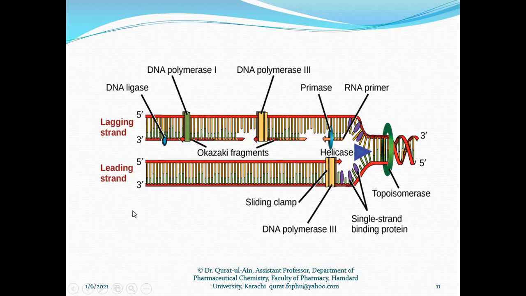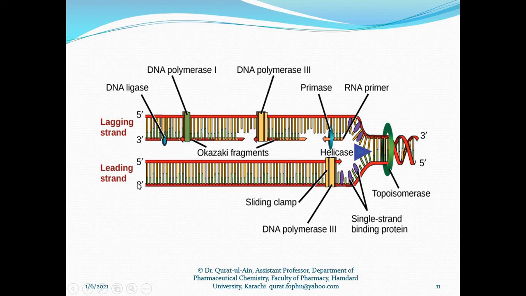One more thing you have to understand here is that this DNA polymerase only has the ability to synthesize DNA from 5 prime to 3 prime direction. The DNA that we have has two strands. One strand would be 5 prime to 3 prime, and the other strand would be 3 to 5 prime.